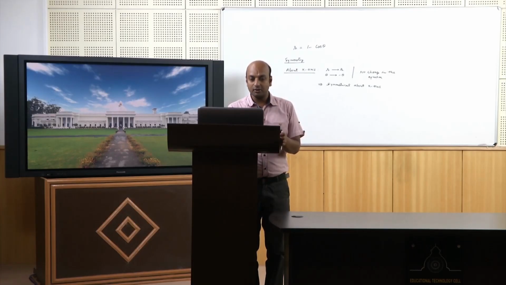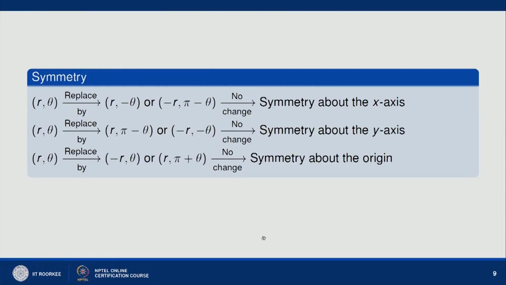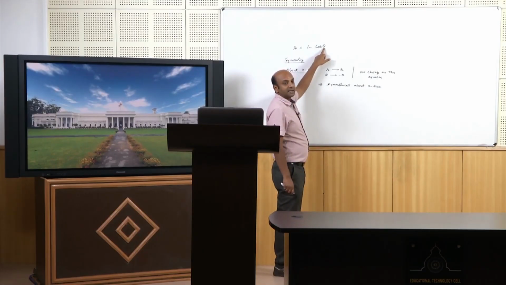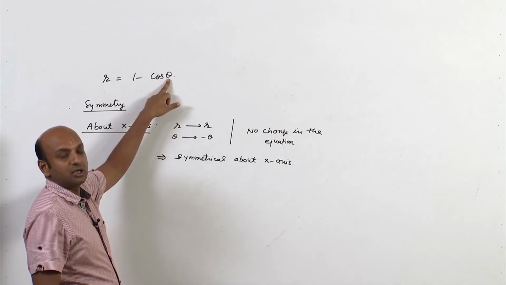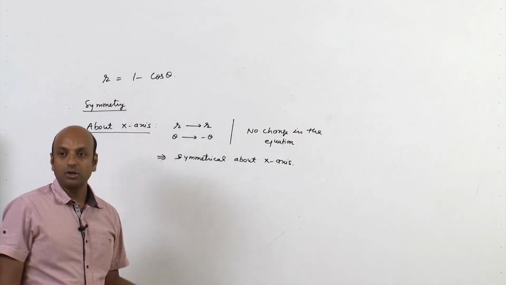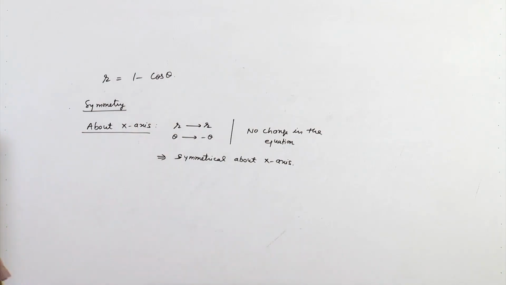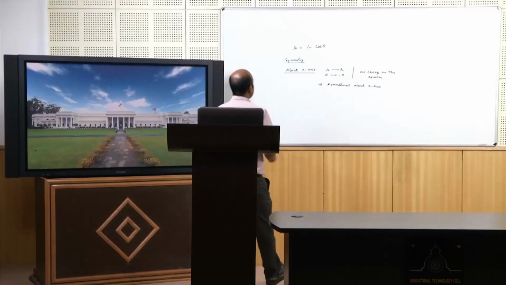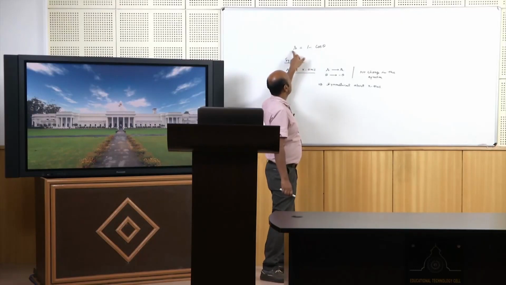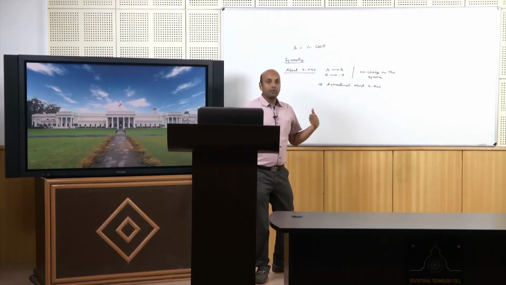So, we can check. For y axis, if you replace r by r and theta by pi minus theta, then it is minus cos theta. So, the equation is changing. So, this is not satisfying. Now, the second point is minus r, minus theta. If you replace r by minus r and theta by minus theta, again the equation is changing. Okay.